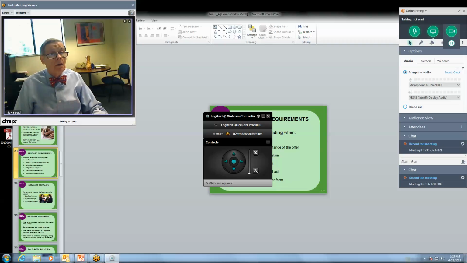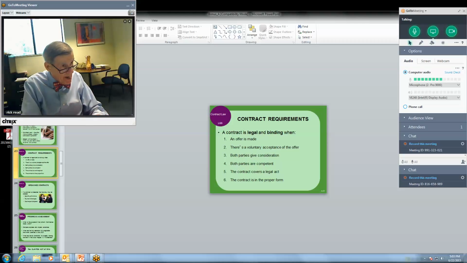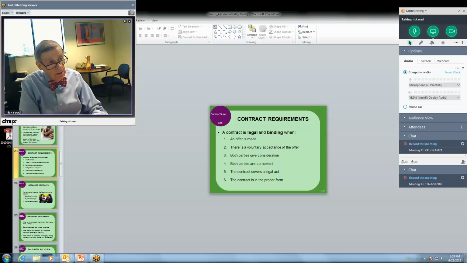Both parties have to be competent. In other words, if you make an agreement with somebody who is or has been judged as mentally incompetent, or he or she is institutionalized, a contract is void. It's void from the beginning, even before anybody entered into any agreements.